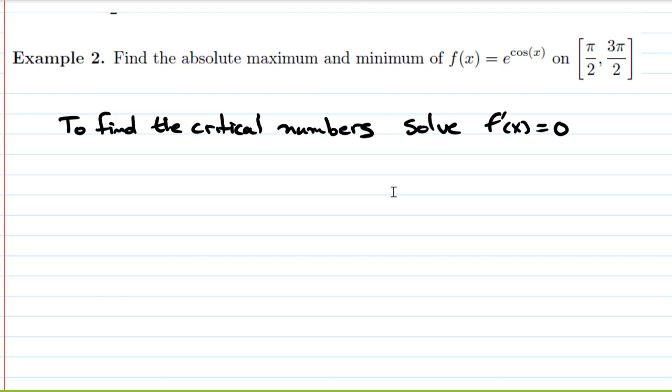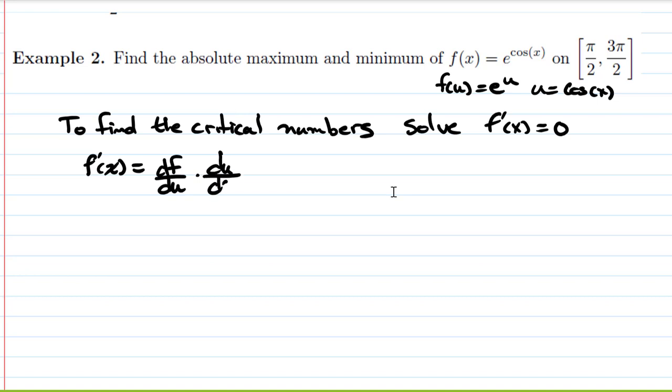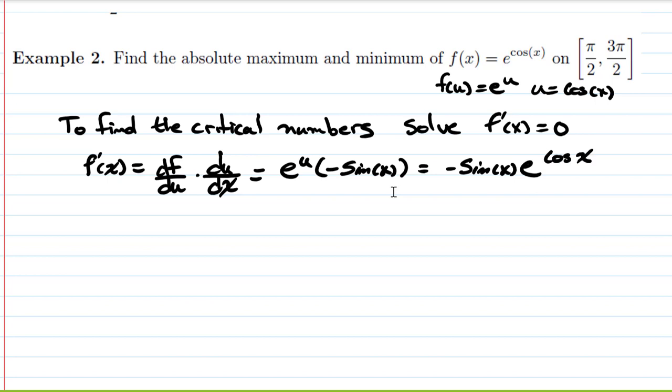So if we take our derivative, f prime of x, we can write this as f of u equals e to the u, and u equals cosine x, so we get df du times du dx. The derivative of e to the u is e to the u, and the derivative of cosine is negative sine. And substituting all of this out, we get negative sine x e to the cosine x for our f prime.